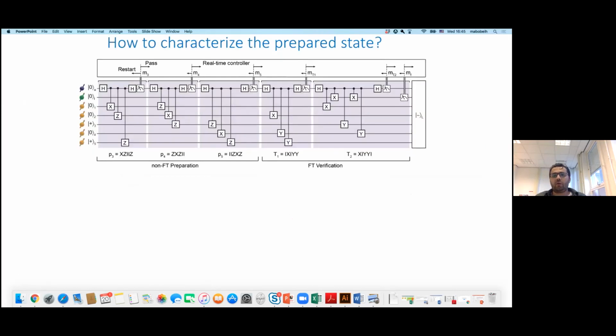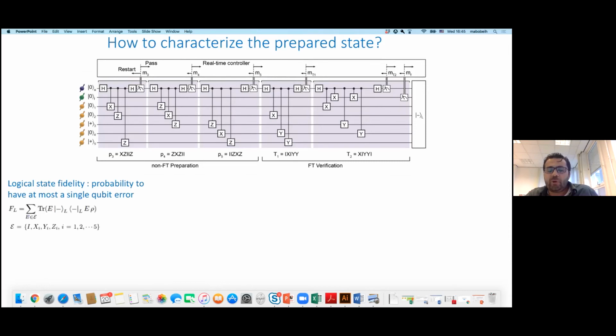So now we would like to test this experimentally. The first important question is how to characterize the prepared state. Let's say I'm going to run this circuit. Now, how can I characterize this prepared state? For that, we define what we call the logical state fidelity, which is the probability to have at most a single qubit error in the prepared state.